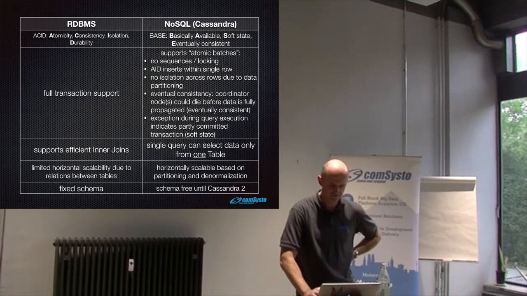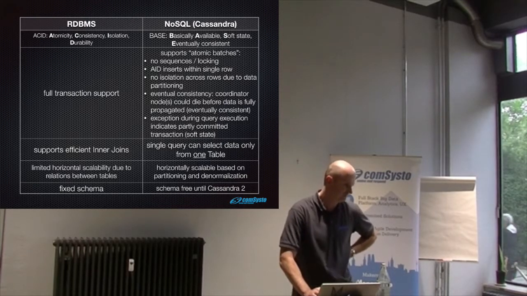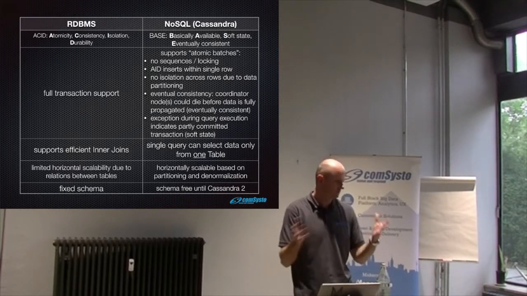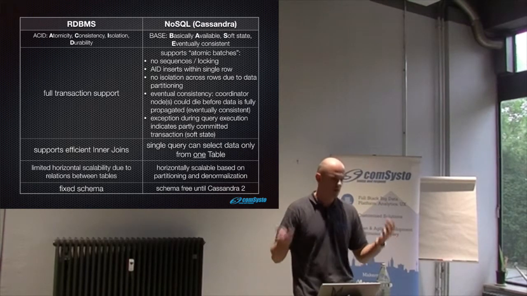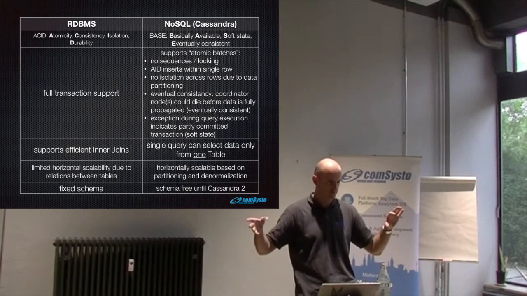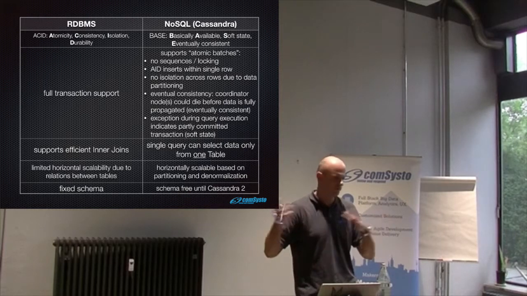From this ACID term, at least Cassandra supports A, I, and D, so without C, when it comes to inserts within a single row. Cassandra is a database which has tables, columns, and rows, something that you already know. And when you update multiple columns within a single row, then this update will be atomic, isolated, and durable.